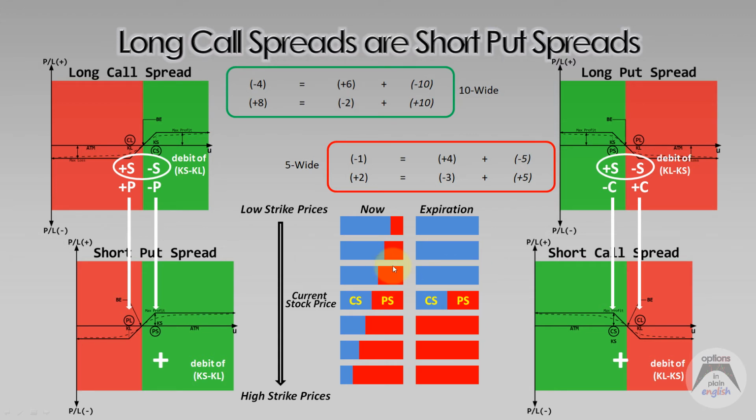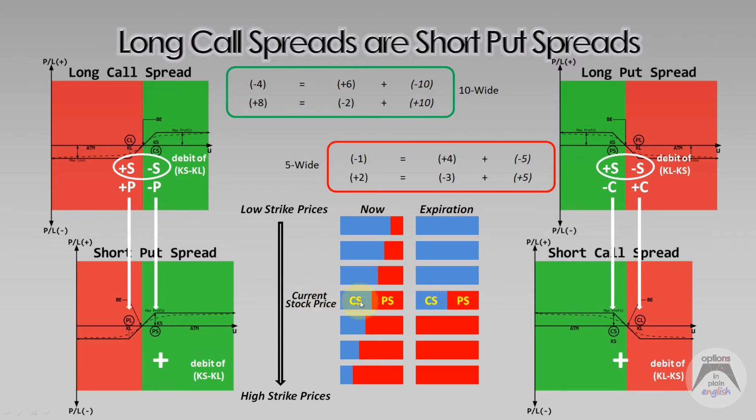So a put spread that's initiated at a strike price that's lower than the current stock price, if the stock price doesn't move, with time is going to dwindle down to 0. Okay, so this is important to understand.